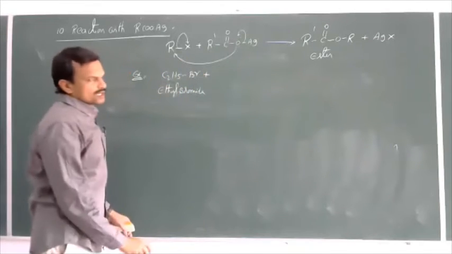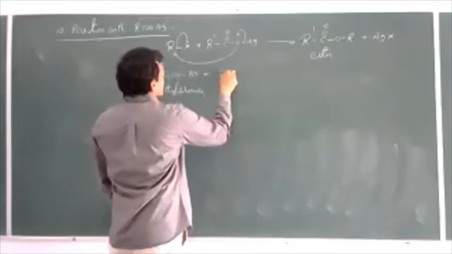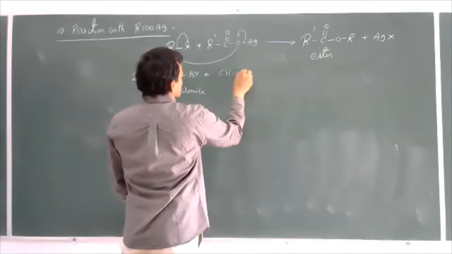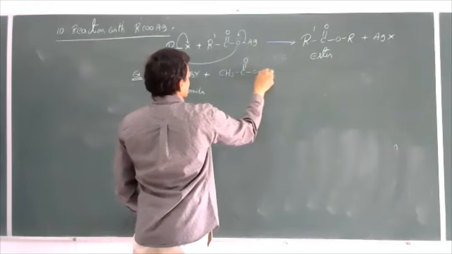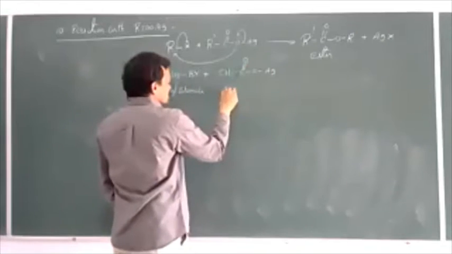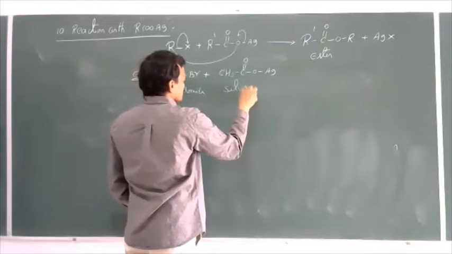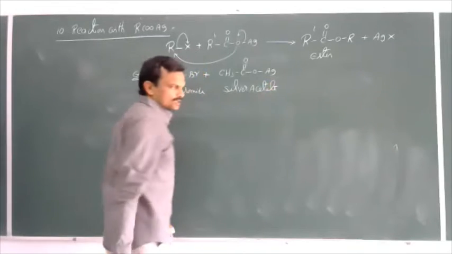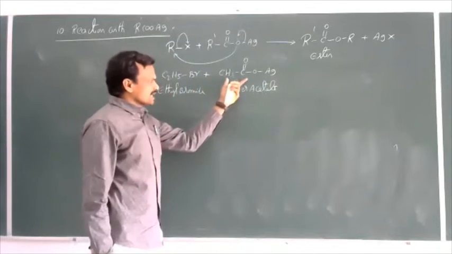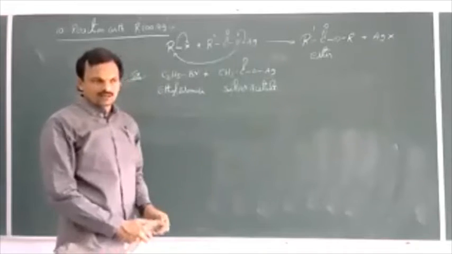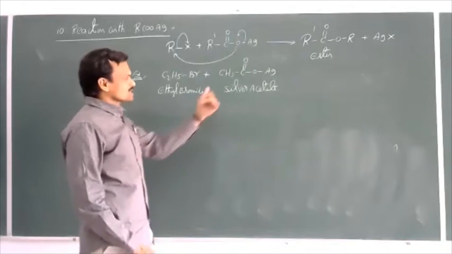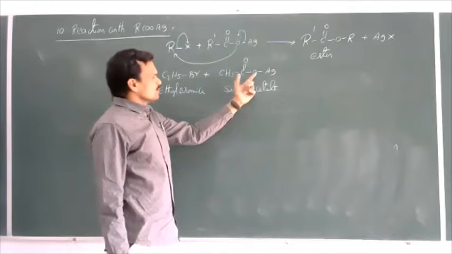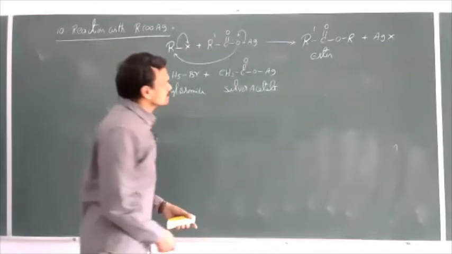When ethyl bromide is allowed to react with CH3COOAg, this is nothing but silver acetate. Nothing but when acetic acid is neutralized with the silver hydroxide, then we can get silver salt of acetic acid, which is called silver acetate.